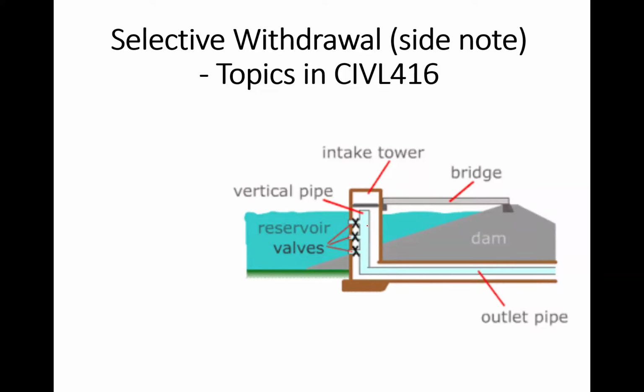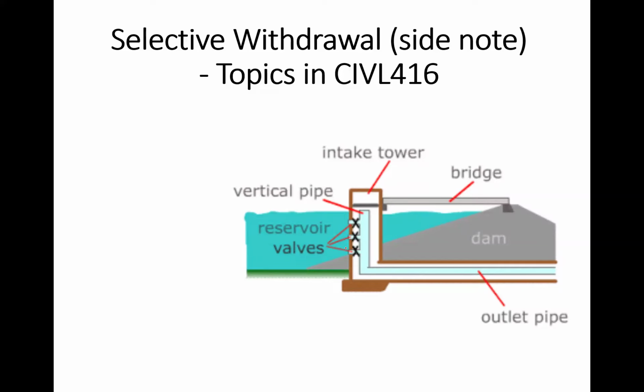But what I wanted to highlight here is what is called a selective withdrawal. Your reservoir level will be at different levels during different seasons. And even in one season, one day, let's say, at different elevations, different depths in your reservoir, the water characteristics are different in terms of quality, temperature, and so on.